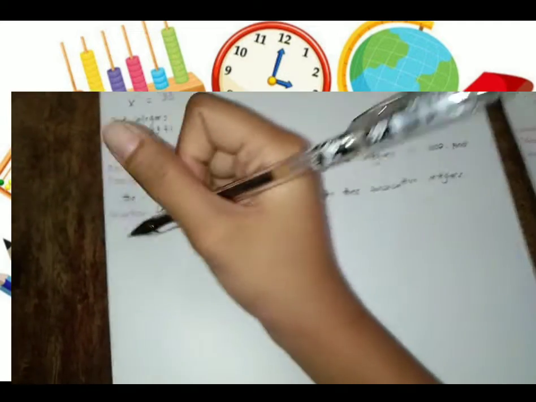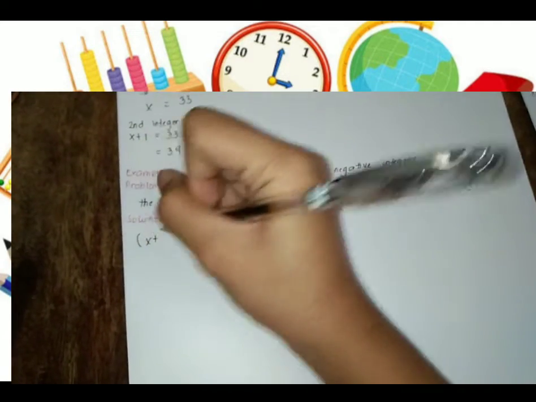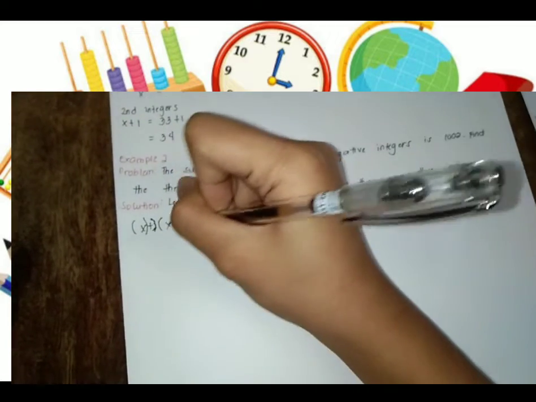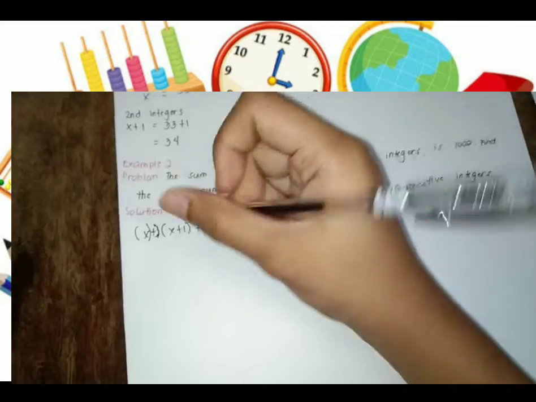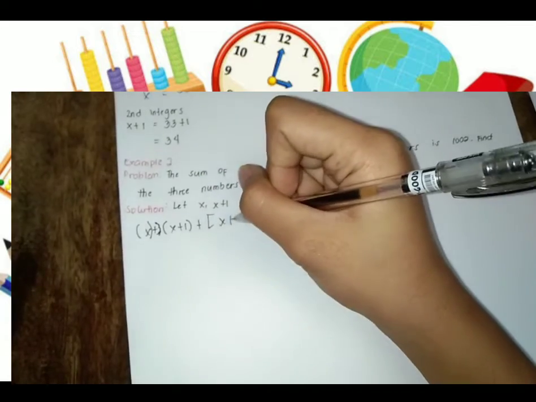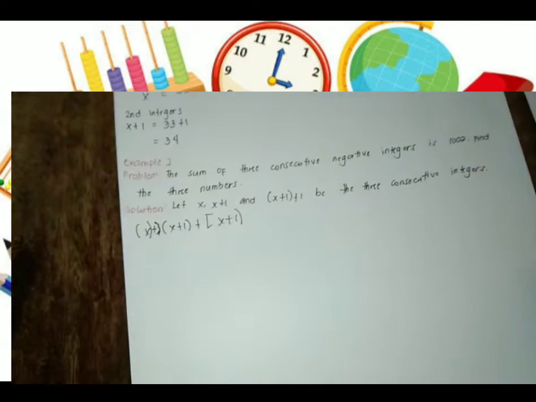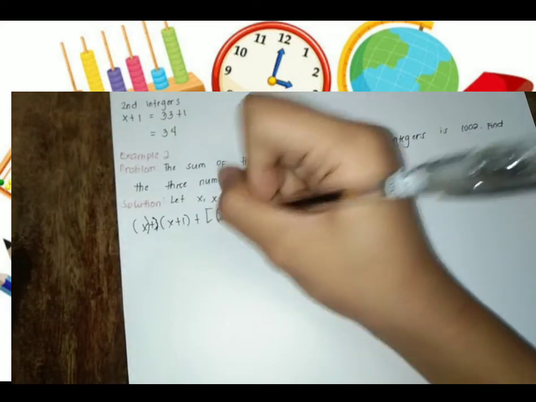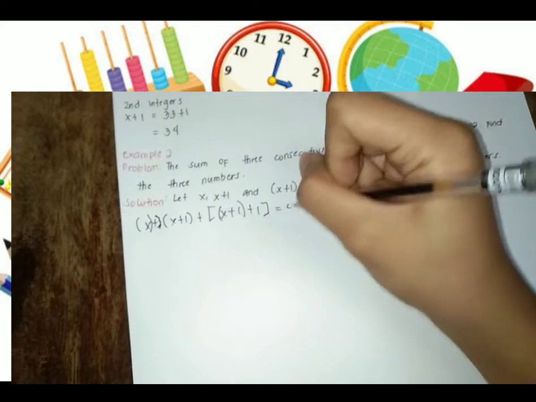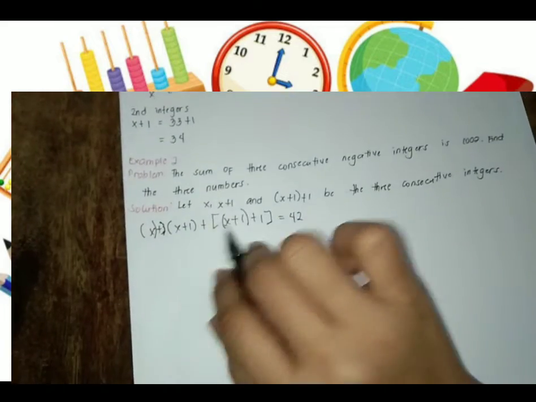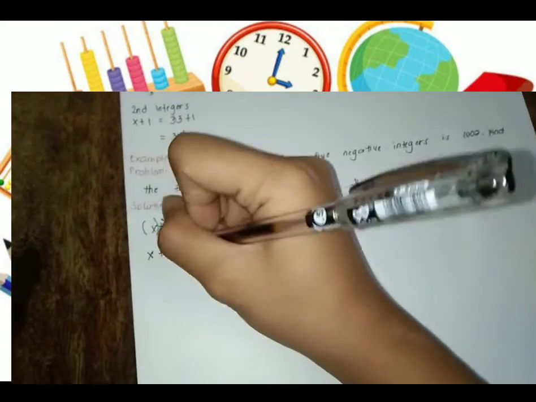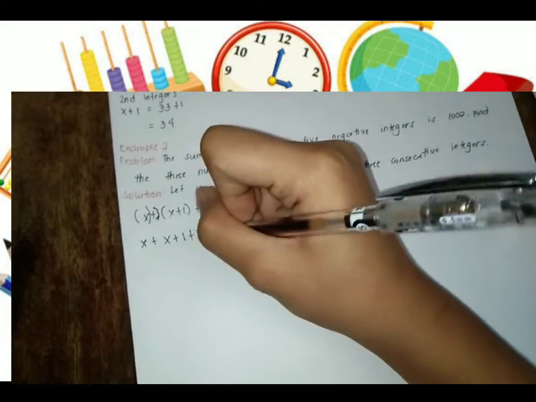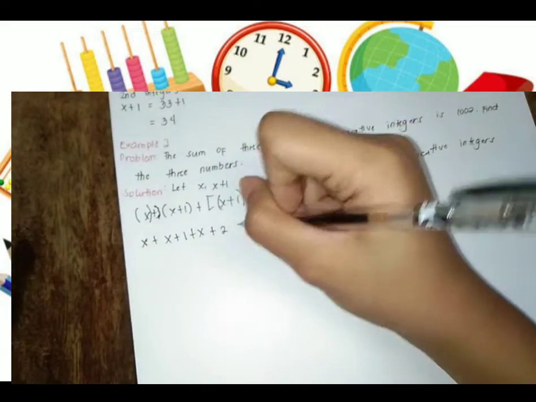Okay, so the solution is quantity x plus x plus 1 plus bracket x plus 1 plus 1 is equal to negative 1,002. Now we are going to multiply it. So we have x plus 1 plus x plus 2.